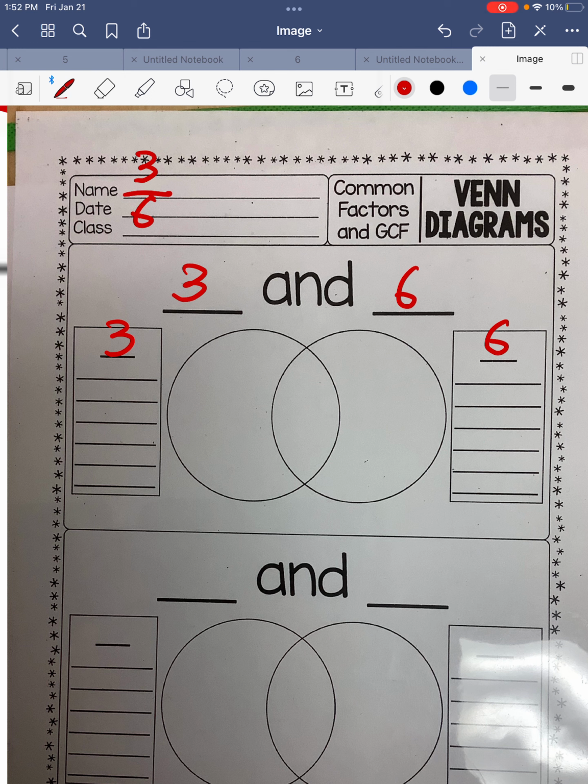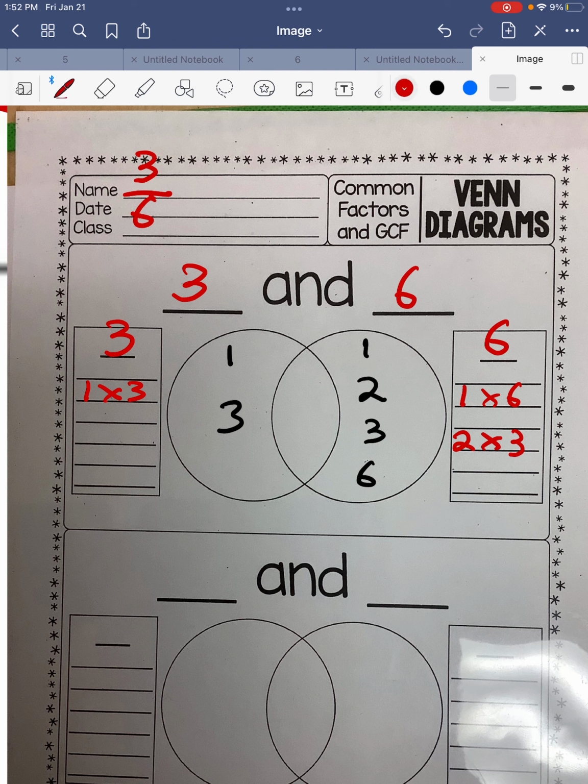So then, for my 3's, I have 1 times 3, and I believe that's it. For my 6, I have 1 times 6 and 2 times 3, okay? Now I put them in the circles. I have 1 and 3. For 6, I have 1, 2, 3, and 6.